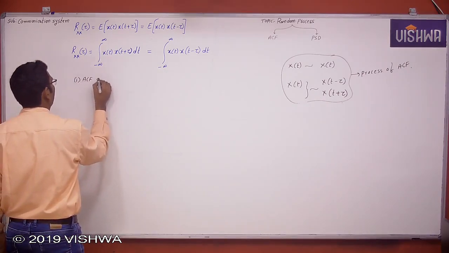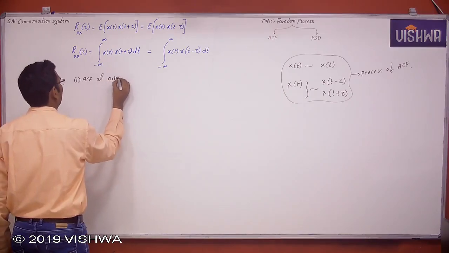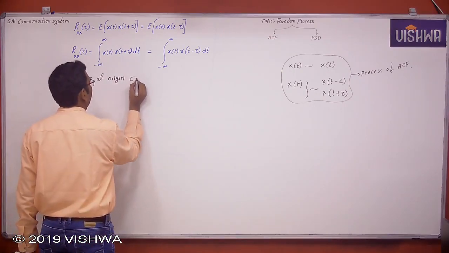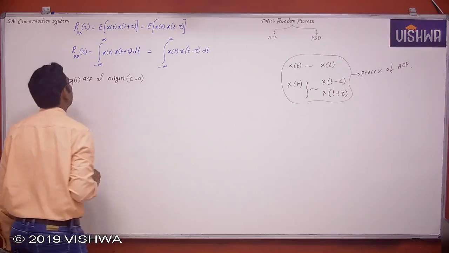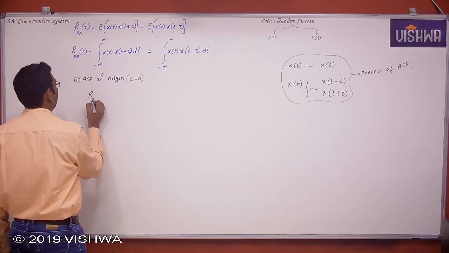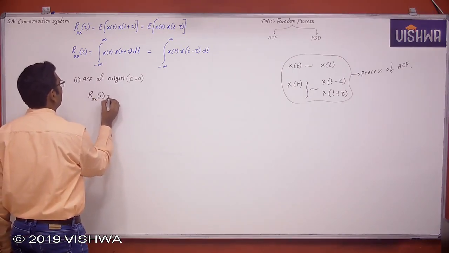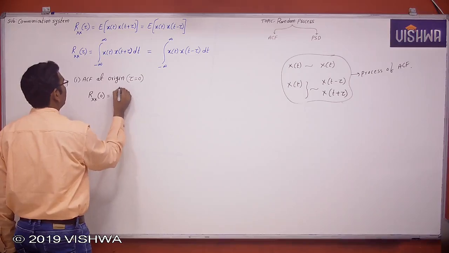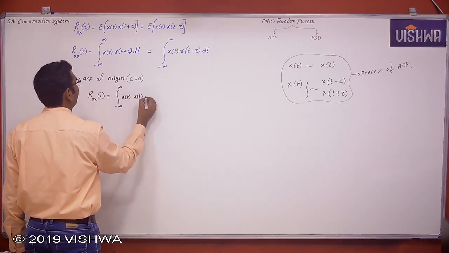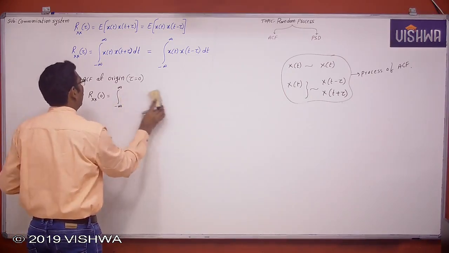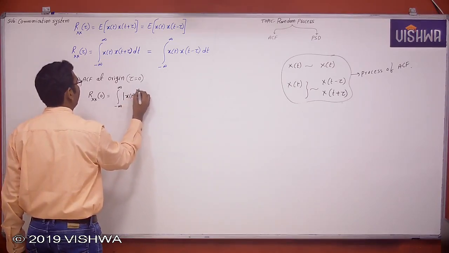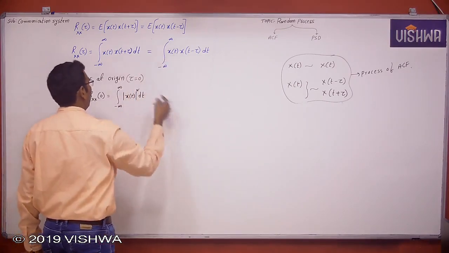Autocorrelation function at origin. Now see here, the autocorrelation function at origin means at tau equal to 0. Rxx of tau equal to 0 is equal to the integral from minus infinity to infinity of x of t into x of t dt. What is the meaning of that? Whether you substitute here or here, the same answer, right?